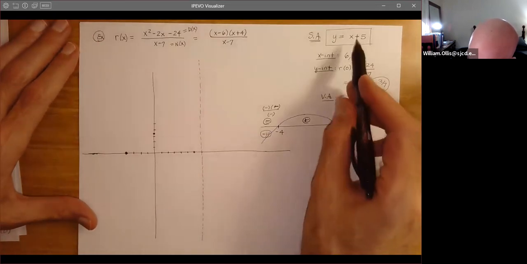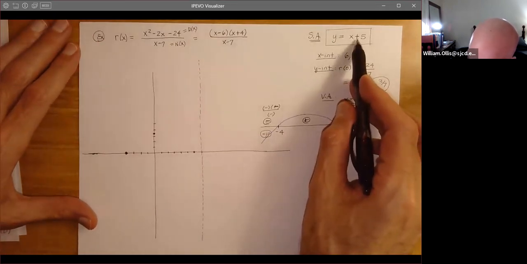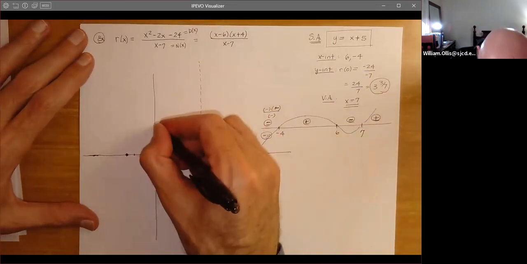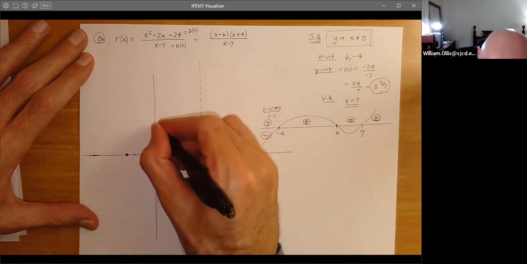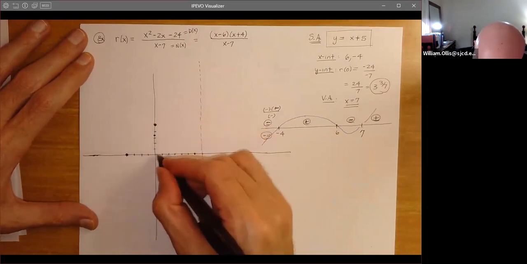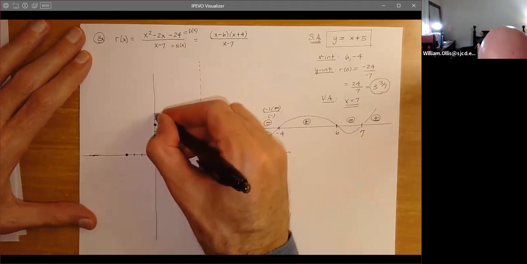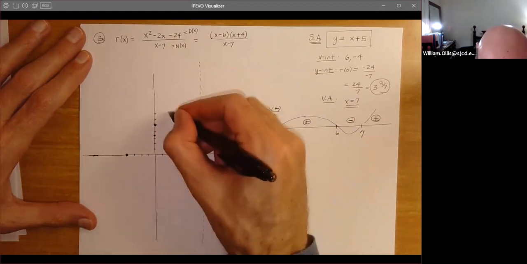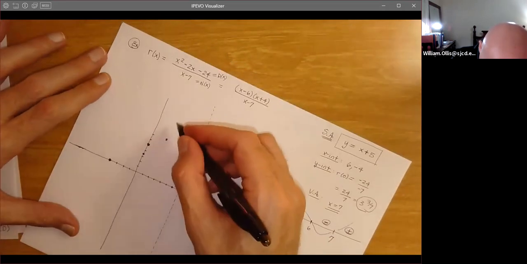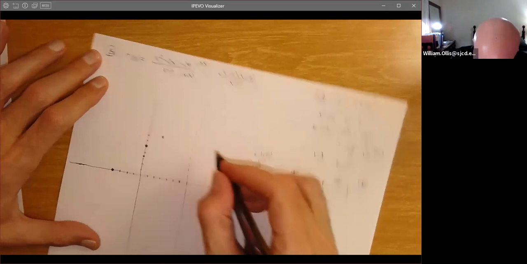And now we can put in our slant asymptote. So we've got a 5 here. And then, of course, if we put in, in this case, a 2, we get out a 7. So about right here.